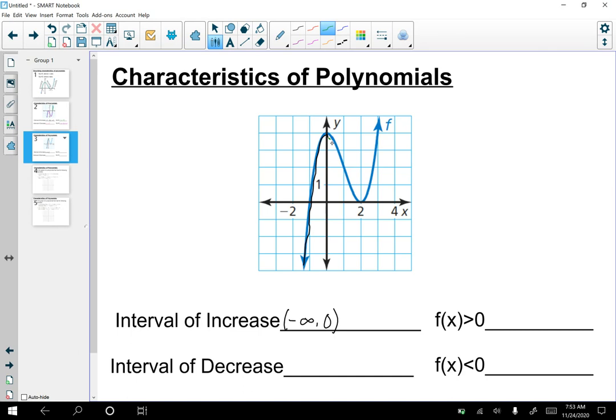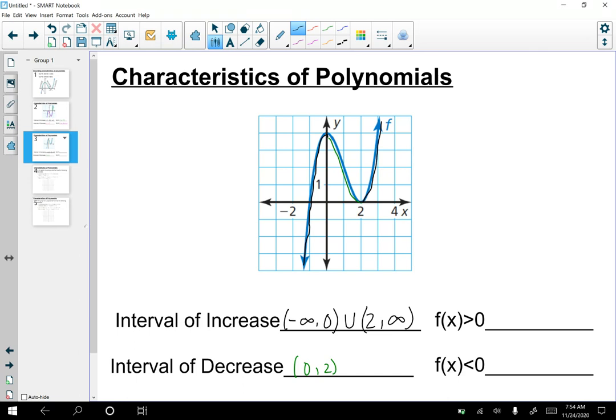Then my pencil drops and I'm going down from 0 to 2. Then my pencil starts to go up again from 2 to infinity. Now remember, we need to connect those with the union symbol.